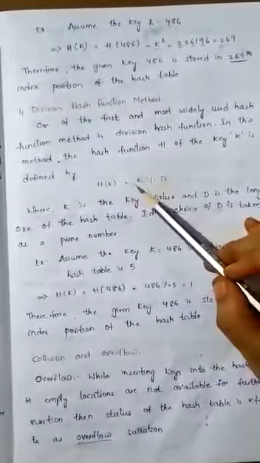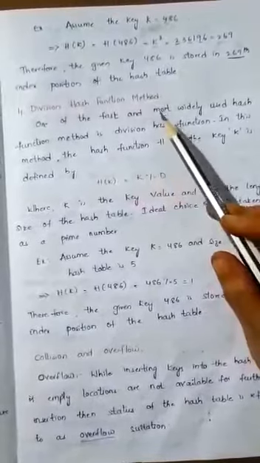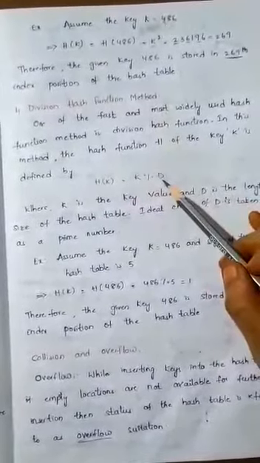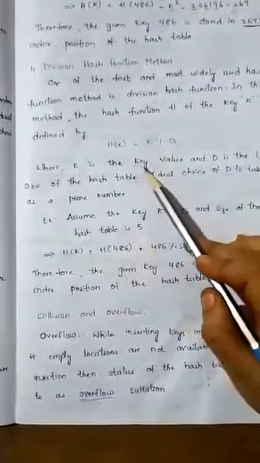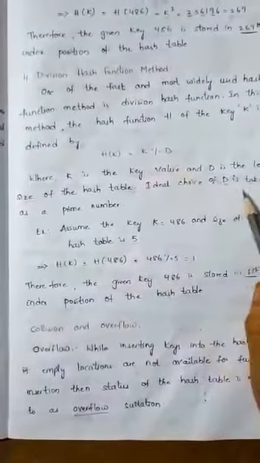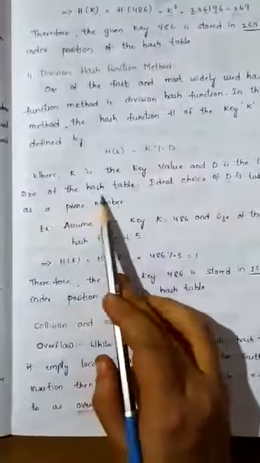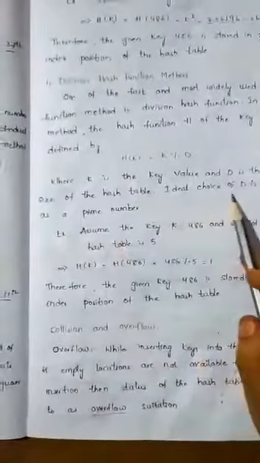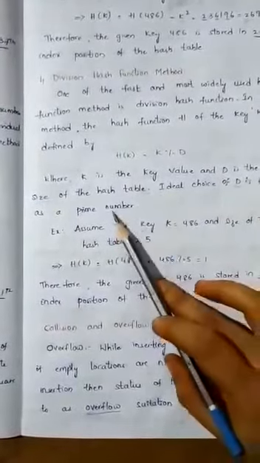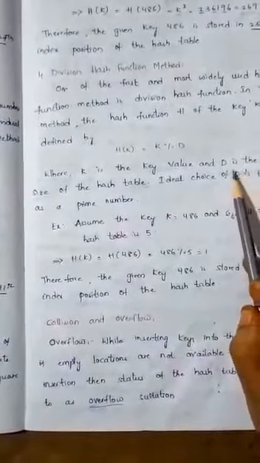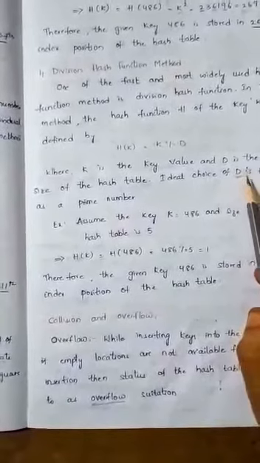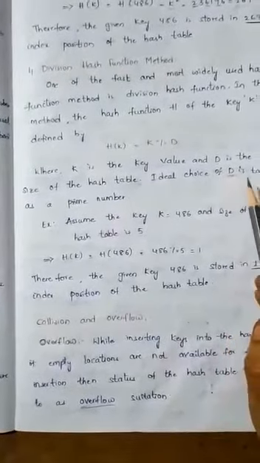To get the index position for the key, we need to apply k mod d, where k is a key value and d is the length or size of the hash table. The ideal choice of d is a prime number. So d is the size of the hash table, right? So we can take the size of the hash table as a prime number.